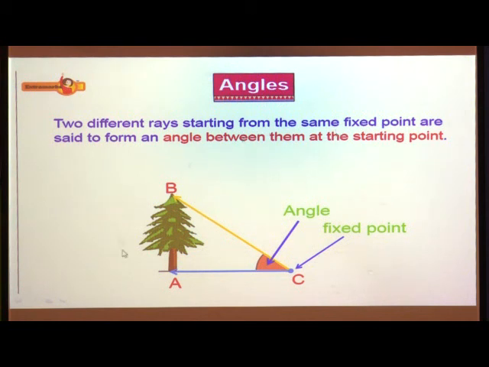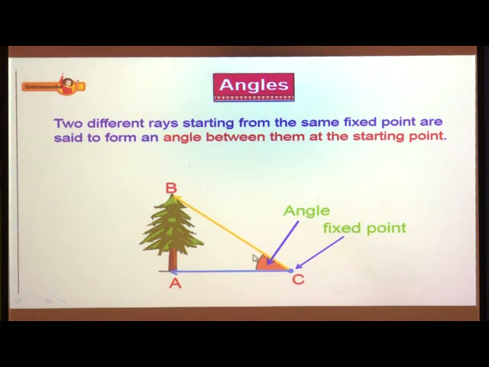Now see, in this diagram you can see we have two rays, that is ray BC and ray AC. So when two different rays start from one common fixed point, they are said to form an angle. Then the angle is formed between these two rays.